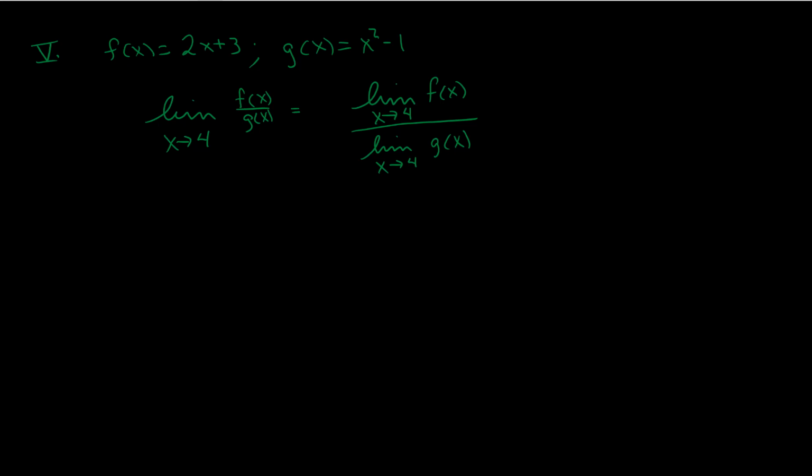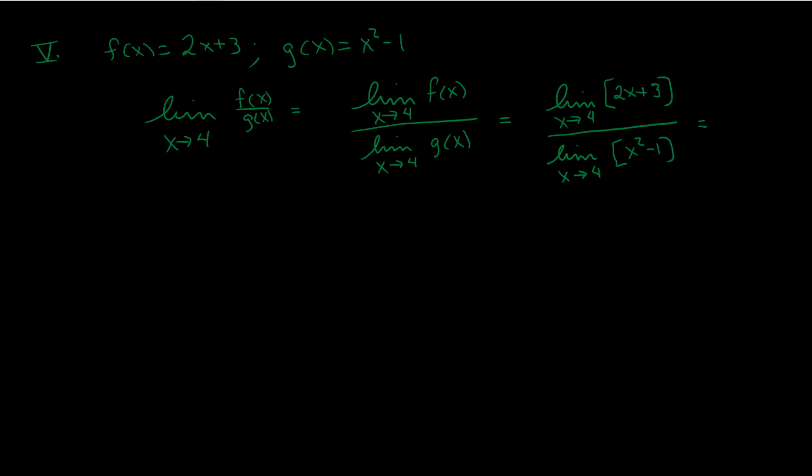If it was, we've got a problem. We've got an undefined function. So to evaluate this, it's going to be the limit as x approaches 4 of this 2x plus 3 divided by the limit as x approaches 4 of the x squared minus 1.